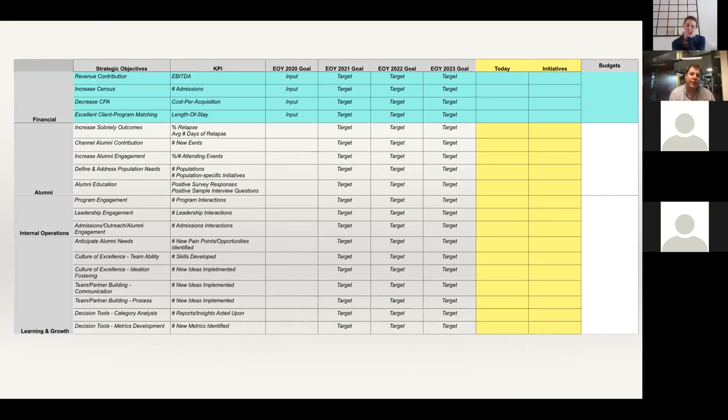I'm really curious, in the same way that I try to take these things and apply them to an advertising agency, if there's potential value in organizing an alumni program this way, or is this just so different from the way that you've been thinking about things before that it's going to be a challenging road to go down? That's me opening it up to you guys.